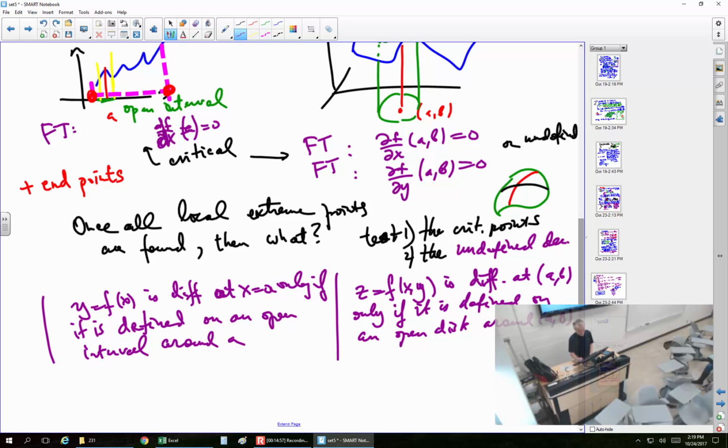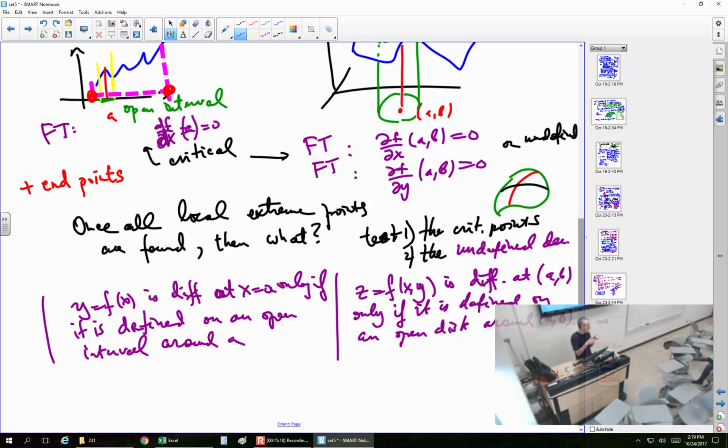The reason is, remember, the way we define the derivative, the gradient, is through a certain limit, and that limit was at (a, b). And remember how we define the limit.